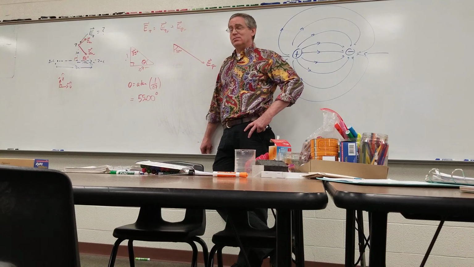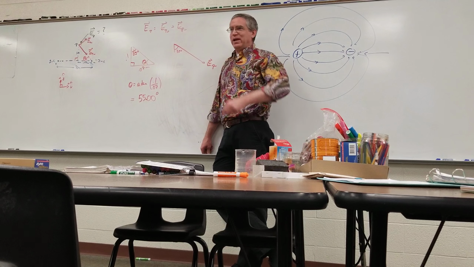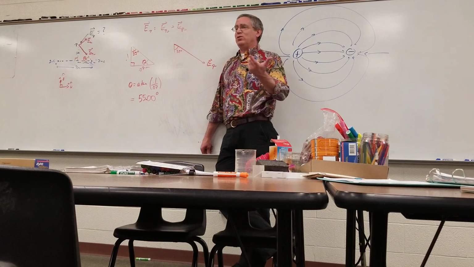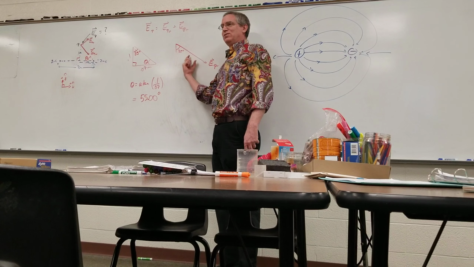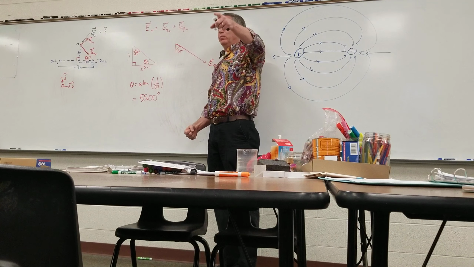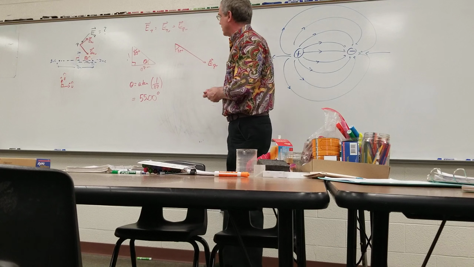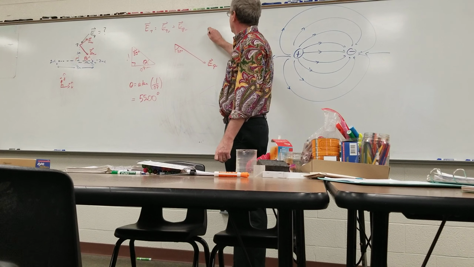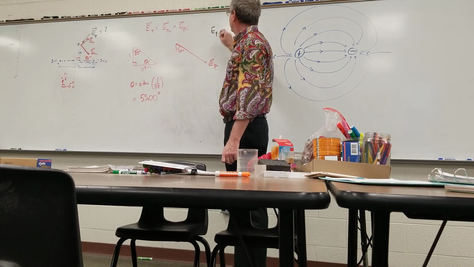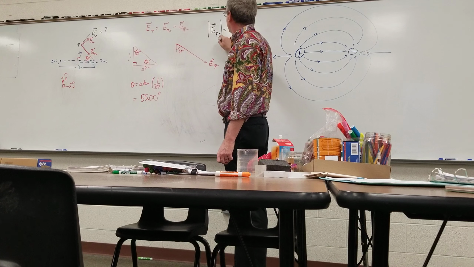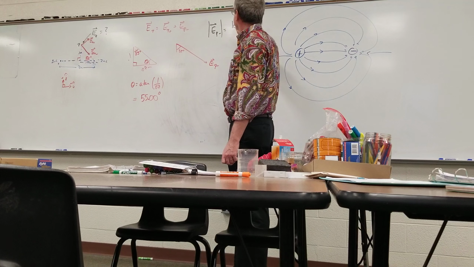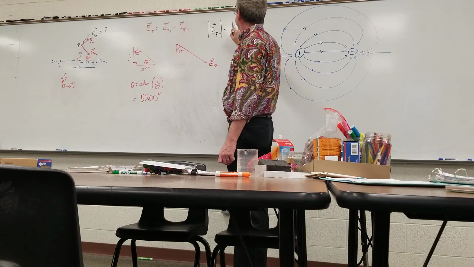Well, you need to know the magnitude of the vector. Yes. In order to break a vector up, we do need to know more than just the angle. We need to know the magnitude, which comes to the formula that Jabez was just saying. The magnitude of EP negative is just Q over R squared.